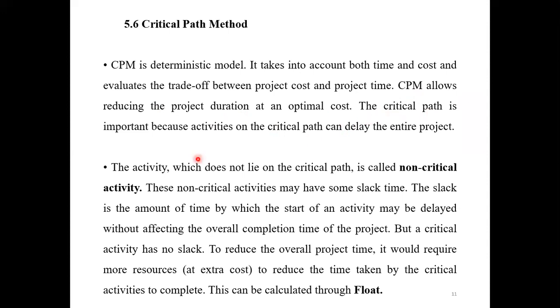The critical path is important because activities on the critical path can delay the entire project. You will come to know this when we are doing an activity. The activities in the critical path are called critical path activities; if we make any delay in them, that will affect the entire project time and also the cost of the project. The activities which don't lie on the critical path are called non-critical activities.